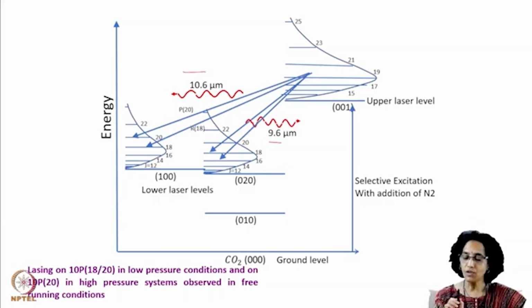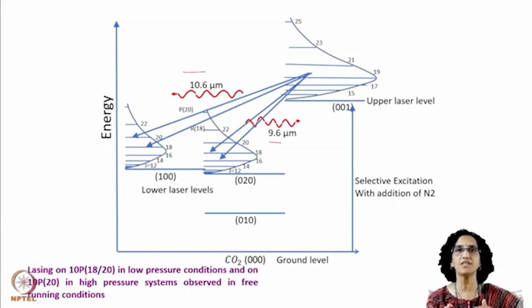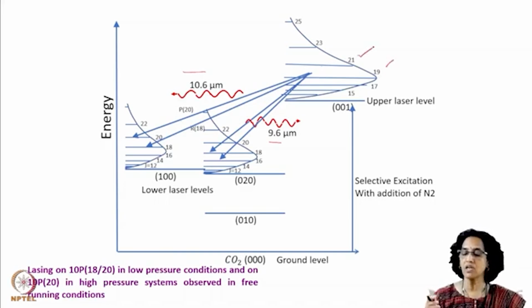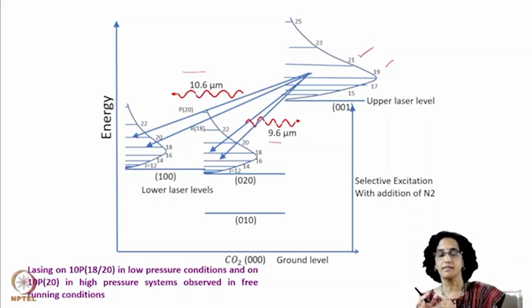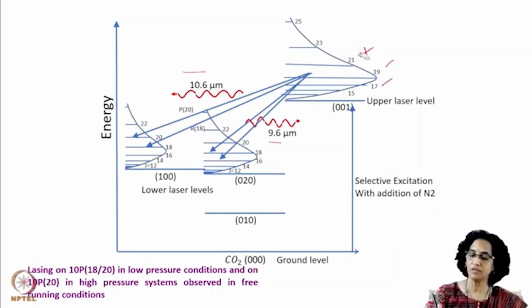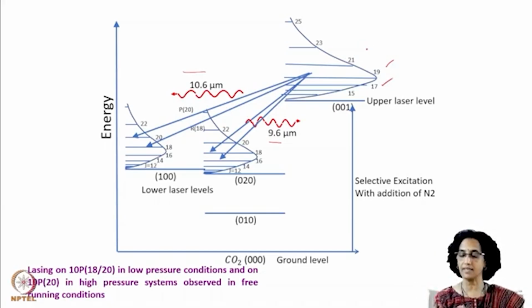So in the normal mode of operation, that is when the discharge temperature is about 400 Kelvin, it is generally 19 or 17 which has the highest gain, sorry, it is not 21 but 17.